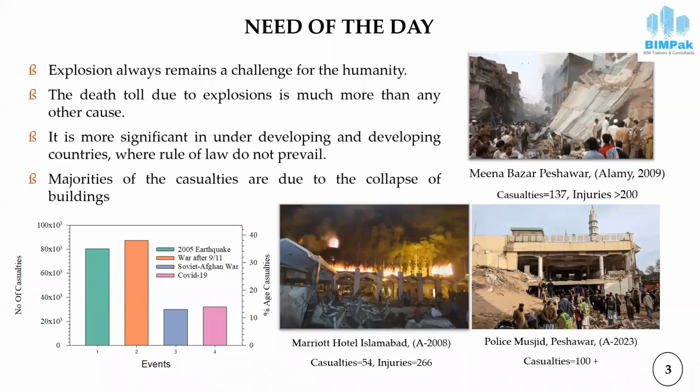If you see all these issues, during the 2005 earthquake, almost 79,000 people died. In the Soviet-Afghan War, almost 30,000 people died due to terrorist attacks. In COVID-19, almost 33,000 people died.